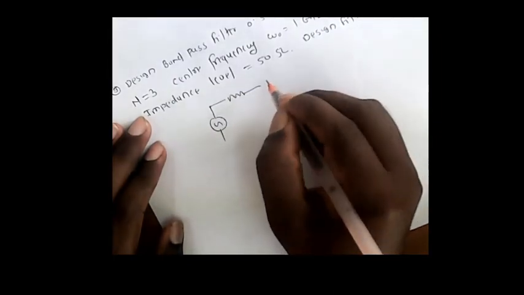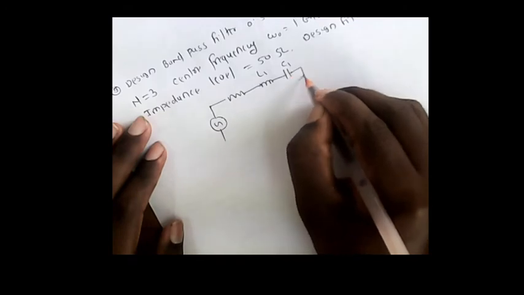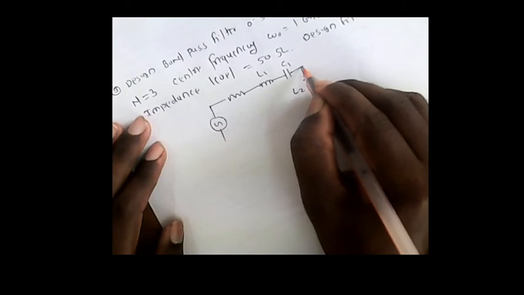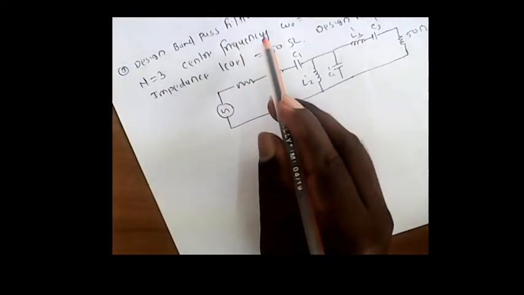Here the source resistance, L1 dash, C1 dash, L2 dash, C2 dash, L2 dash, C2 dash again, L3 dash, C3 dash, then the load resistance, which is equal to 50 ohm, the impedance level, which is given.